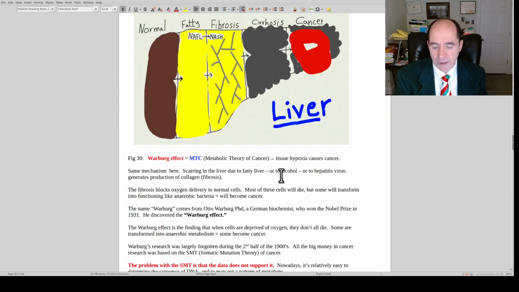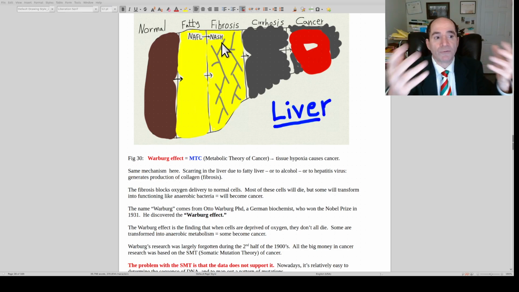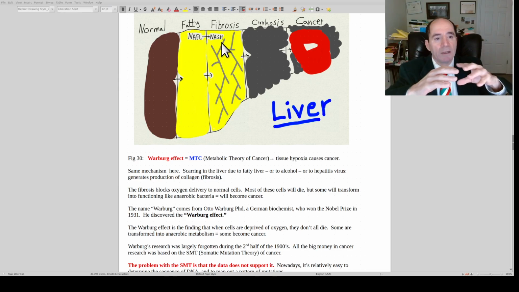So here it is, the same situation with fatty liver. Person eats the modern SAD diet, they get a fatty liver, the fat gradually becomes inflamed, so it goes from NAFL, non-alcohol fatty liver, so that's fatty liver not due to alcohol. Then you get NASH, non-alcohol steatohepatitis, and the itis means inflammation. Inflammation then progresses to fibrosis. Fibrosis is scarring. It's the laying down of collagen, okay? The collagen scars things off and it impairs blood flow.